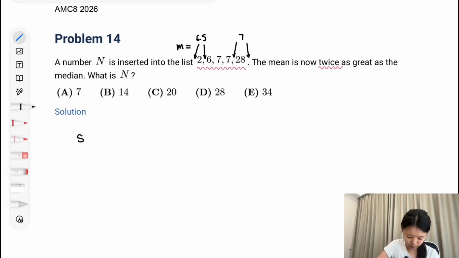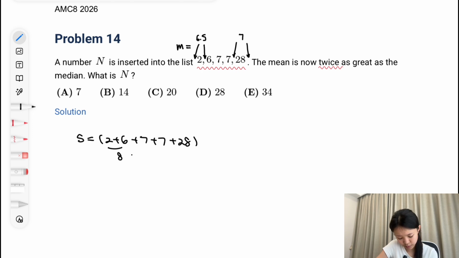So let's add up all of these first. Sum equals 2 plus 6 plus 7 plus 7 plus 28. And that's 8, 15, 22 and then 50. And so the total sum is 50.